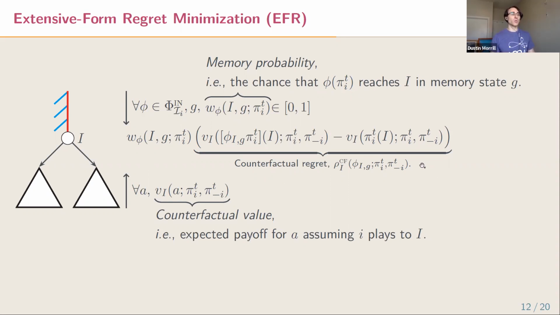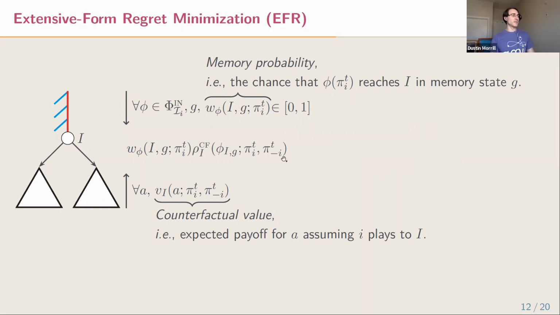It's called counterfactual regret, and it's been used in other algorithms like the counterfactual regret minimization algorithm. So we're going to be making use of it here. I'm just going to simplify that to this rho notation. And then the other piece that we need to do is to take into account the memory probability. So that's just going to weight this regret according to the chance that phi pi I t reaches this information set and memory state.